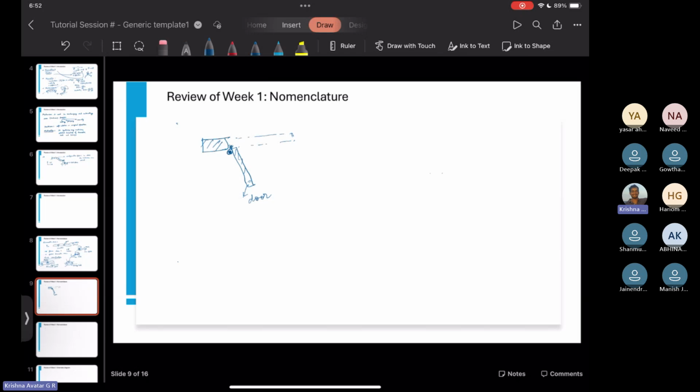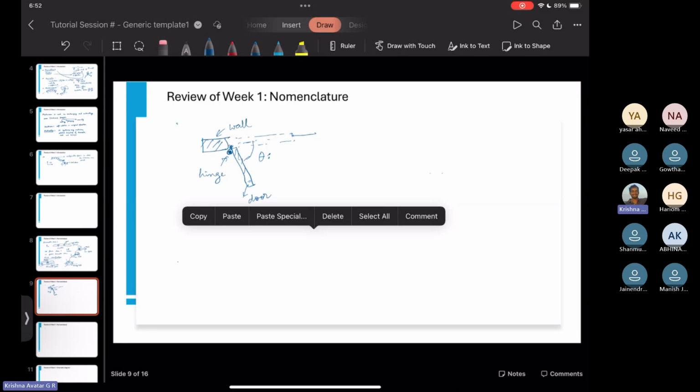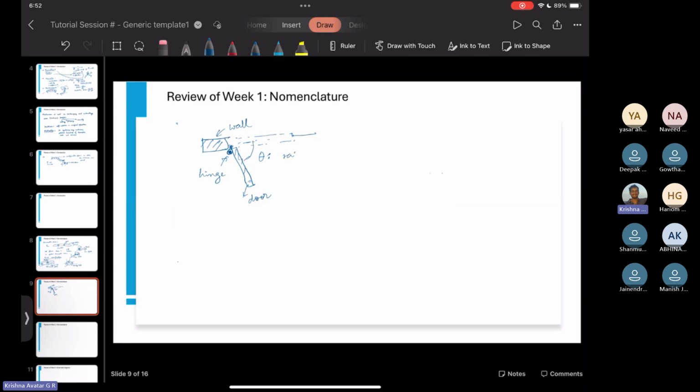Once you opened it, it took some shape, and from this reference closed position, it rotated by some angle theta. So this theta is a quantity which gives us the amount of deflection, or how much the door has moved from its closed position. This theta is also called a pair variable.